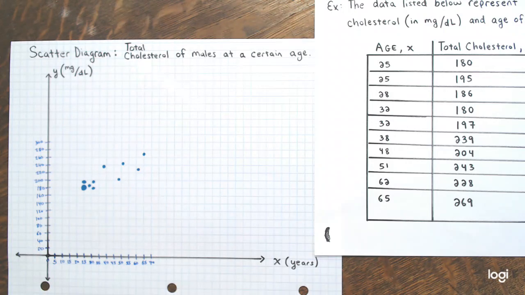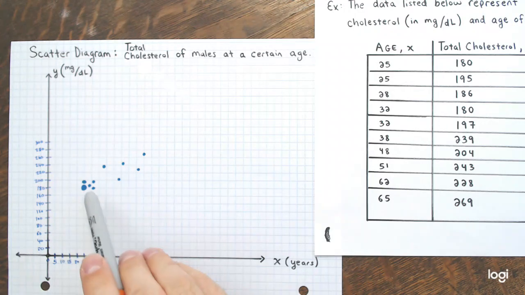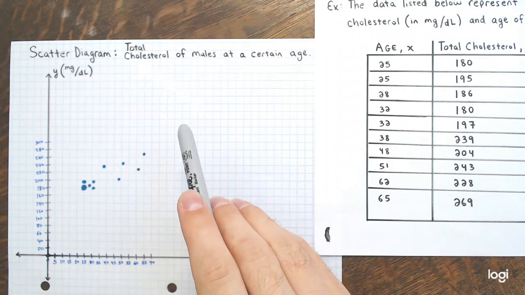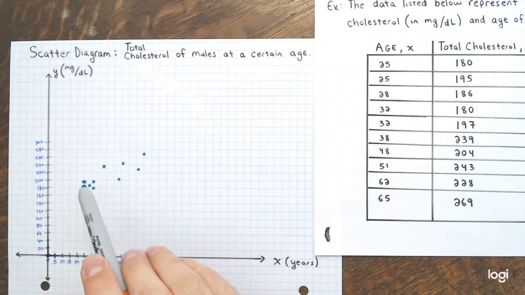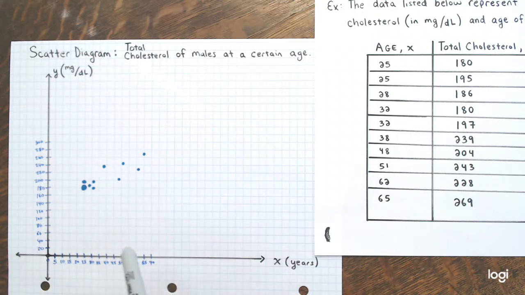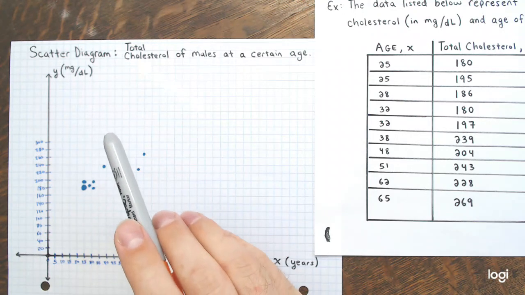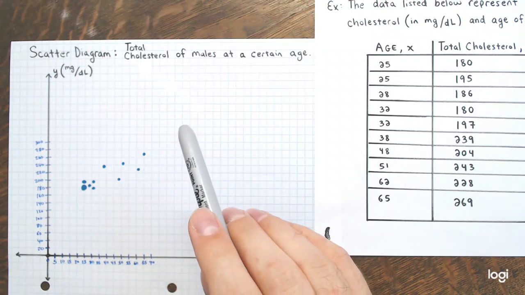The title of this video is Fitting a Line to Data. If you notice here, these 10 points in my scatter diagram seem to be trending upward to the right. They start off low down here, and as I move up in years, as I move to the right, the total cholesterol seems to be increasing.